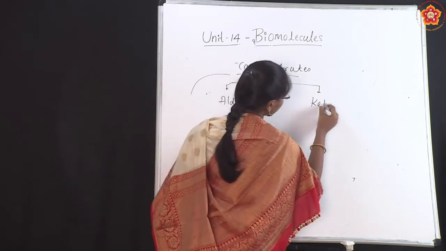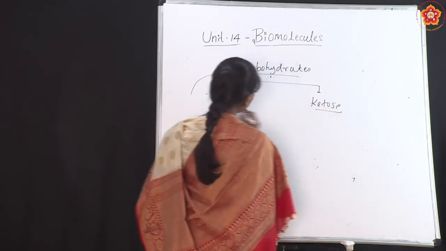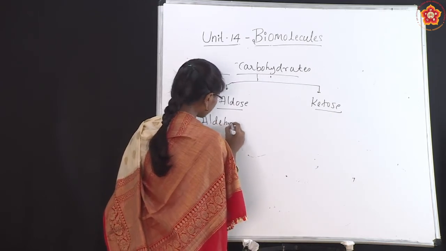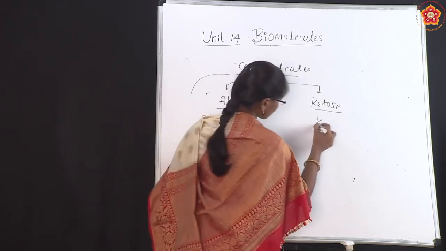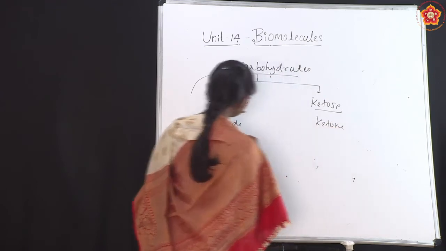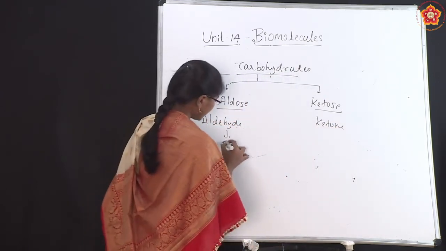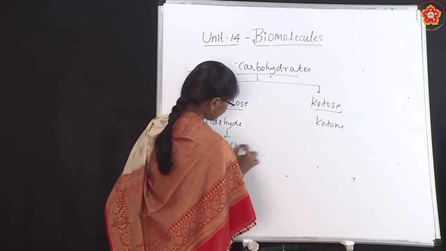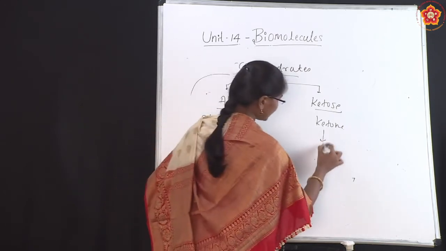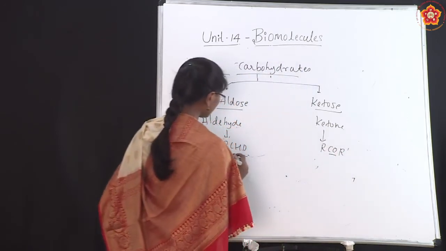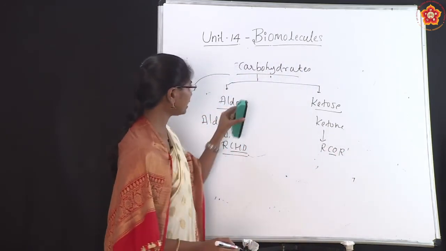All of you are very familiar with the functional groups, aldehyde and ketone. So, what is the functional group of aldehyde? Usually we write the general formula RCHO, and here RCOR'. CO is the ketonic group, and CHO is the aldehydic group.